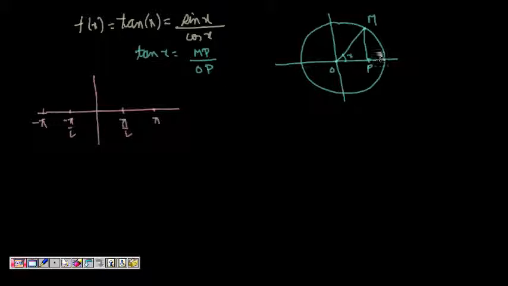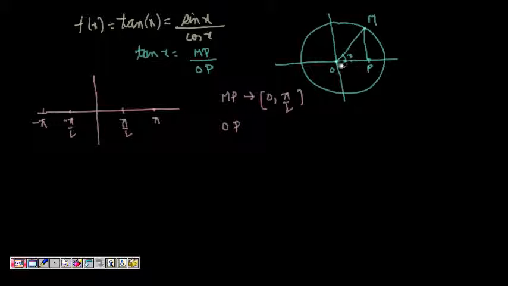In the first quadrant, MP by OP. MP initially at 0 is 0 because there is no height there. Then MP increases as x increases, and when x becomes pi by 2, MP is maximum. So MP is increasing from 0 to pi by 2. But what about OP?